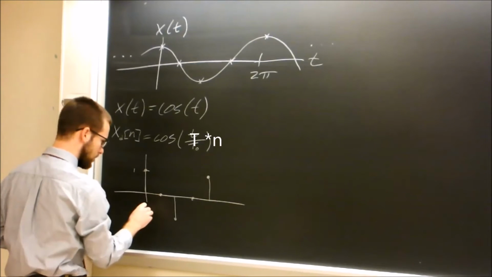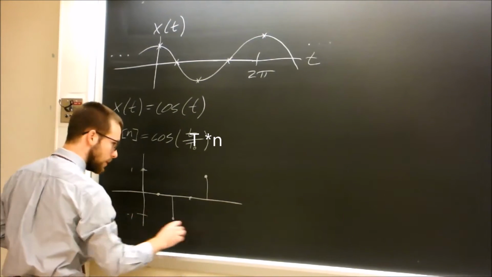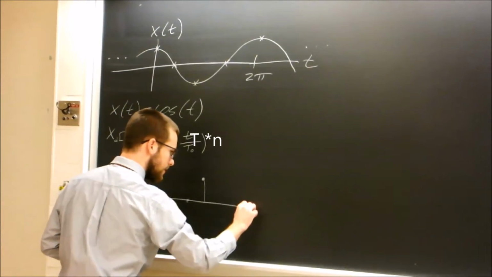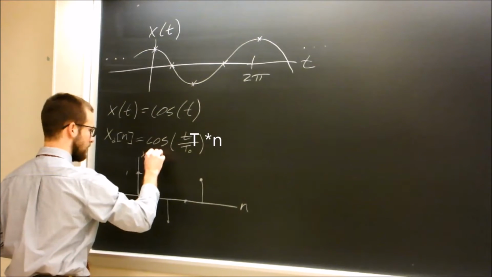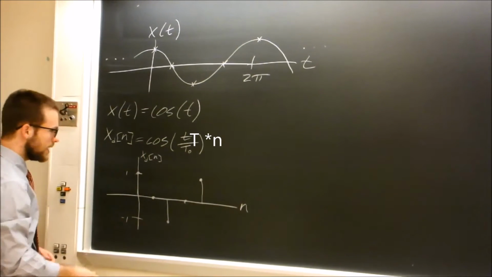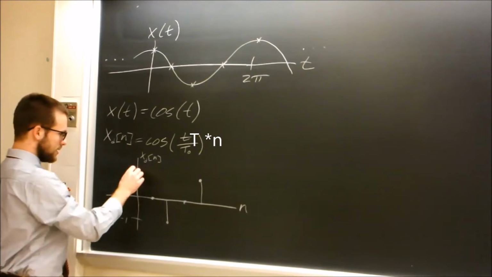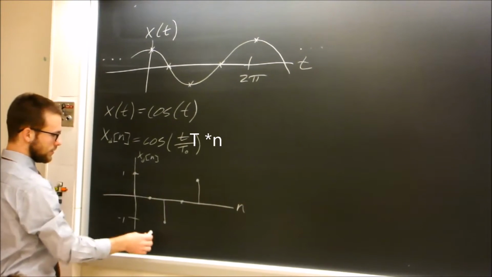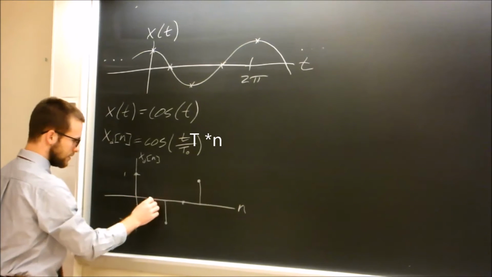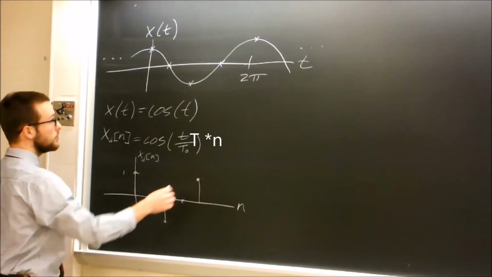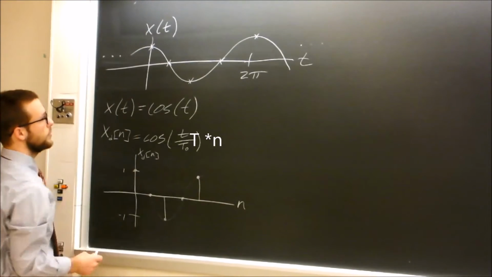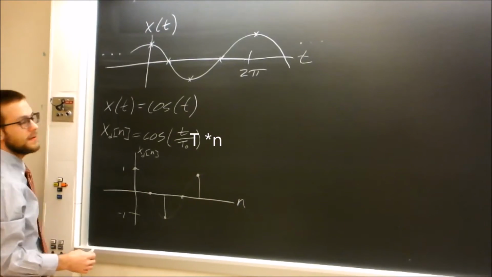This equals 1, and this equals minus 1. This is n and xd of n. In this signal, you can still pretty clearly imagine the easiest sine to fit is this cosine shape, which is exactly what we intend to be representing.